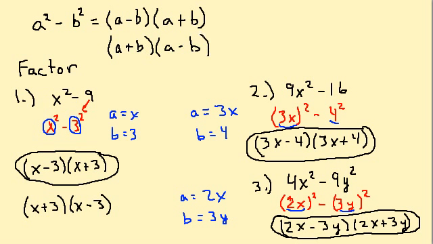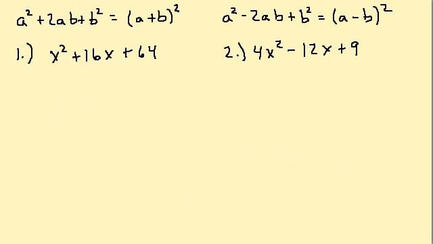Alright, now let's take a look at factoring perfect square trinomials. So I have a squared plus 2ab plus b squared equals a plus b, all of that squared. Now, how do I determine if something's a perfect square trinomial?